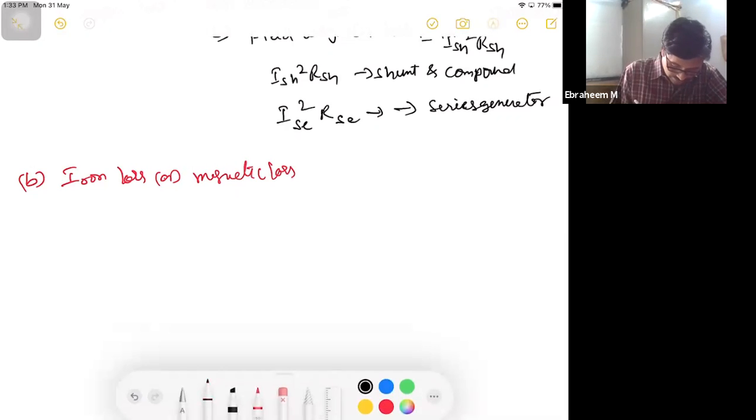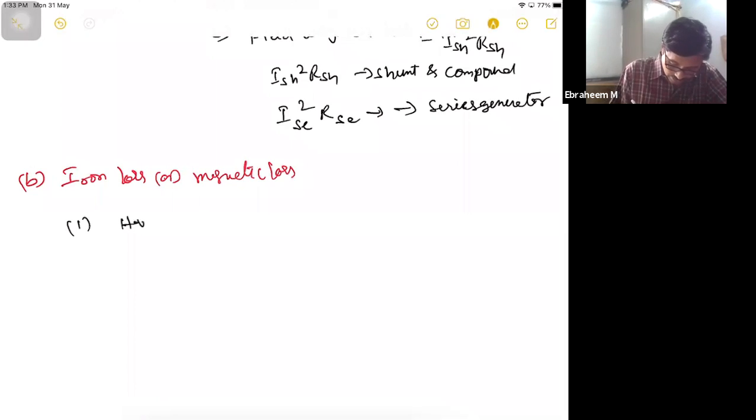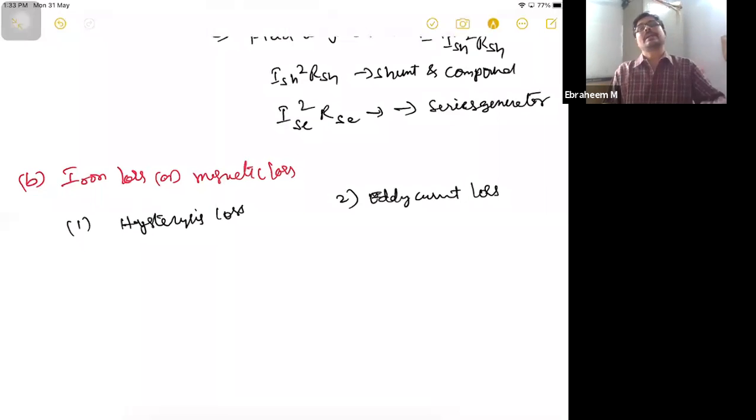The first one is hysteresis loss, and the second one is eddy current loss. This hysteresis loss is because of the magnetization and demagnetization of the core and poles.